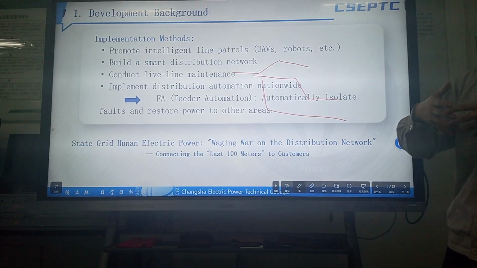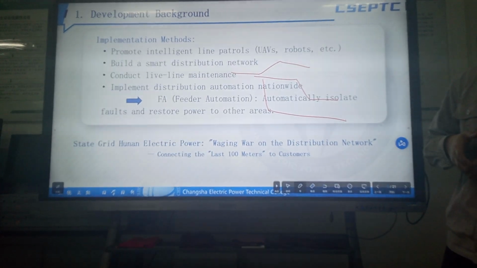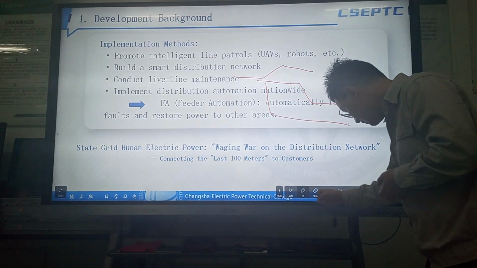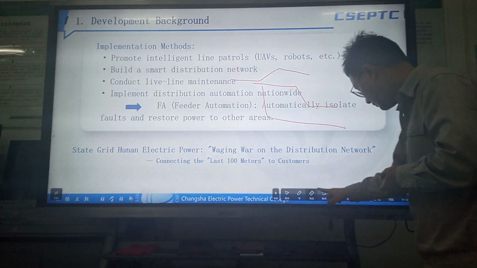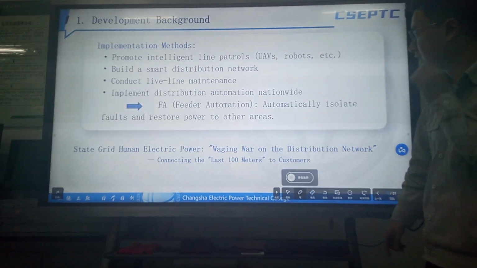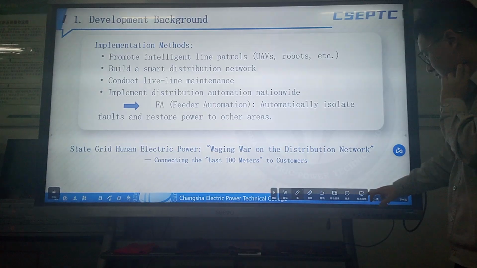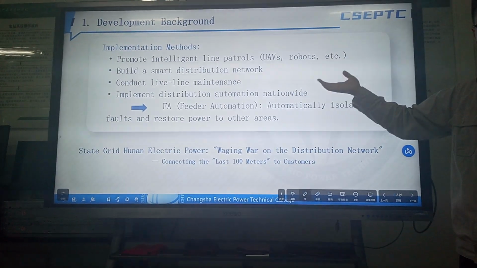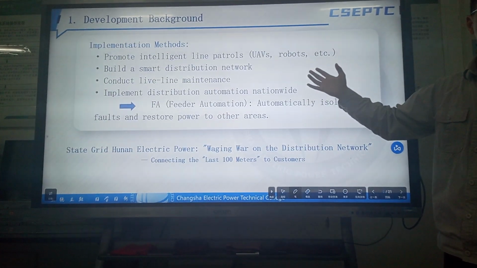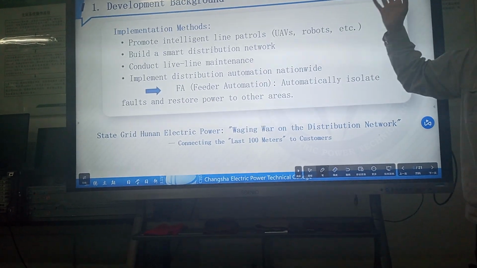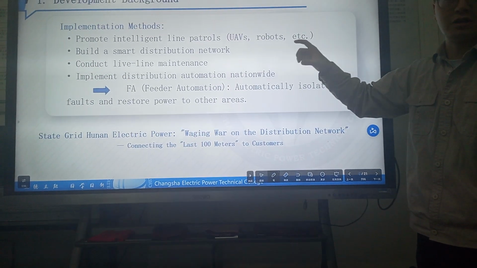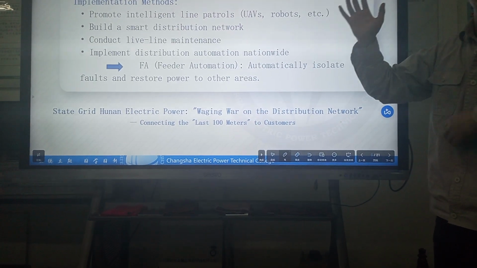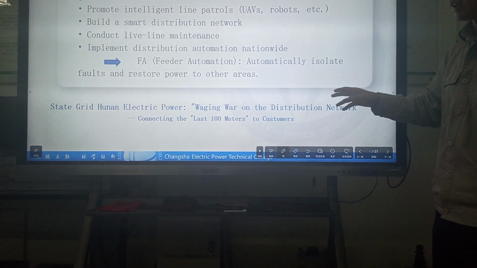That enhances the stability of a network, right? Here we listed some of the methods that can be implemented to improve the reliability of the distribution network.